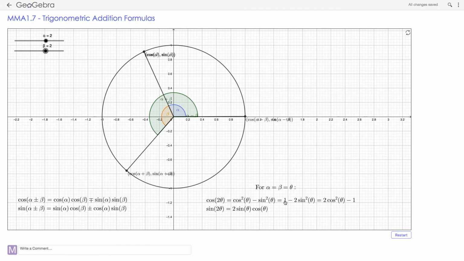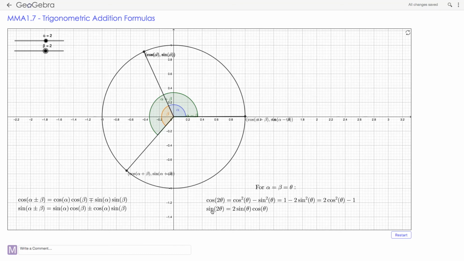But the first identity here comes from this formula with alpha and beta equal to theta. The two last ones here we have gotten from this by using the fundamental identity of trigonometry.